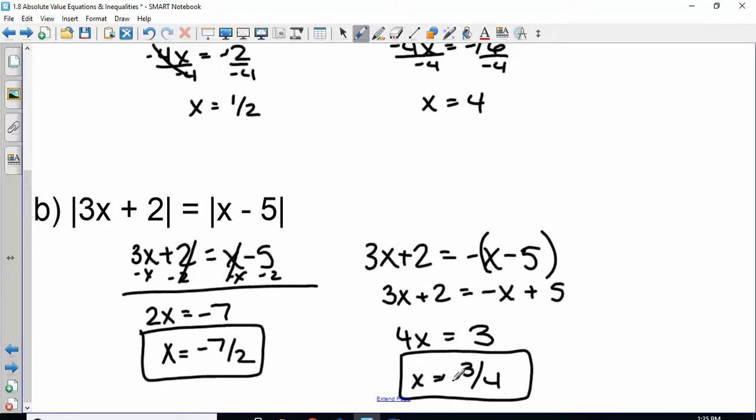And of course we can always check these just by plugging them back in. So far so good?